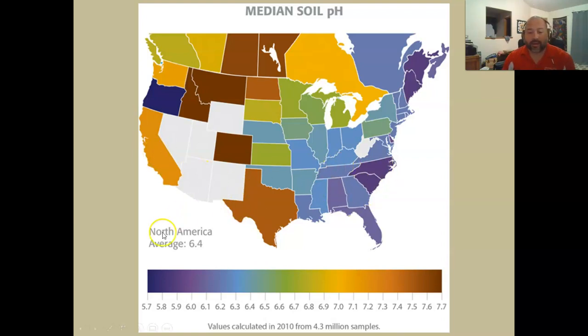And you can see there in the southeast, very, very acidic soils down in the southeastern U.S., much different from what we're seeing in California, much different from what you'd see in Texas too, which is more like a 7.5 on average. And then of course, these states over here, well, why don't they show up? They're white, and they're missing stuff, and that's because you got really mountainous soils, or you got desert, so it doesn't really jive with what they're trying to show here.